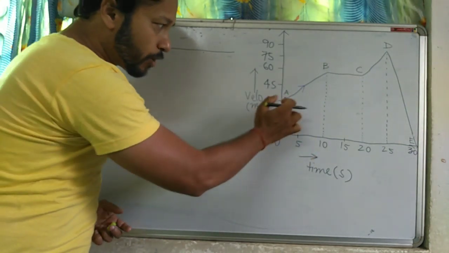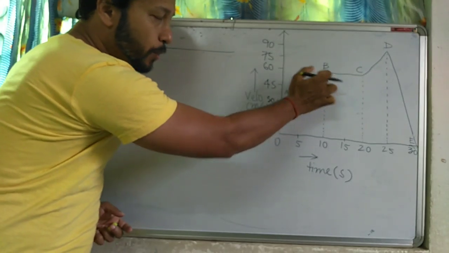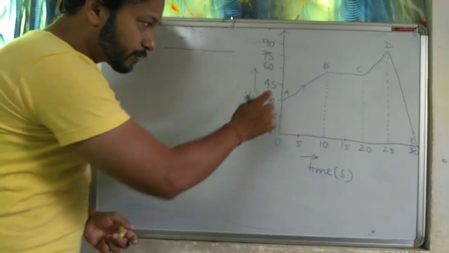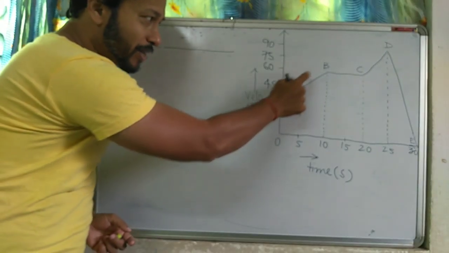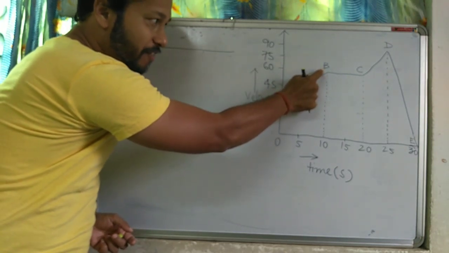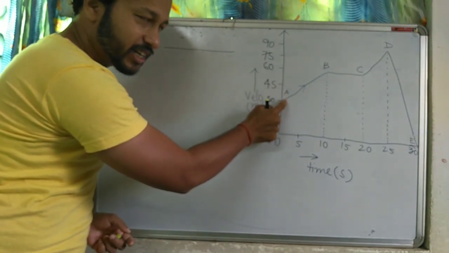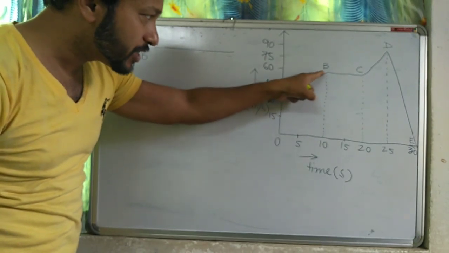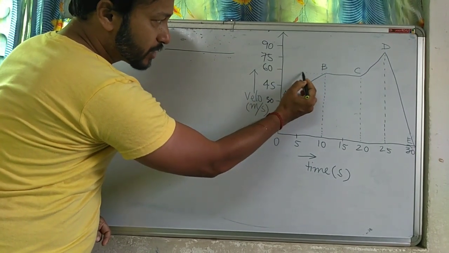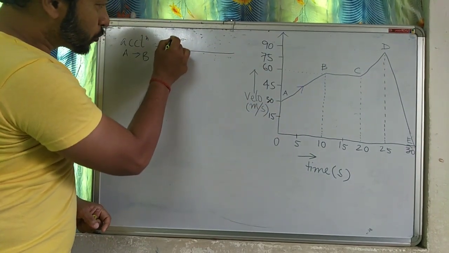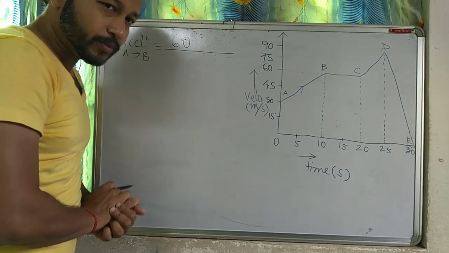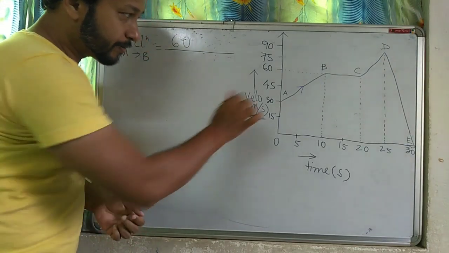When the object is going from A to B, which is the final position? A? No. B is the final, A is the initial. So what is the velocity here? You can see the velocity is 60. So final velocity is 60.